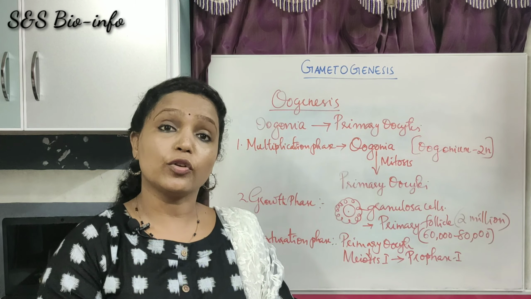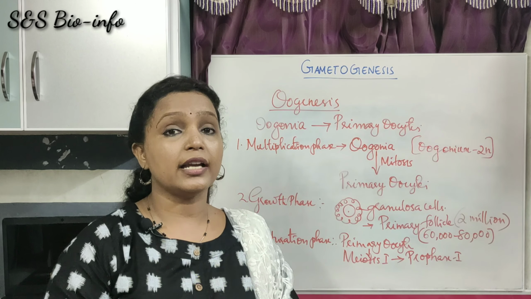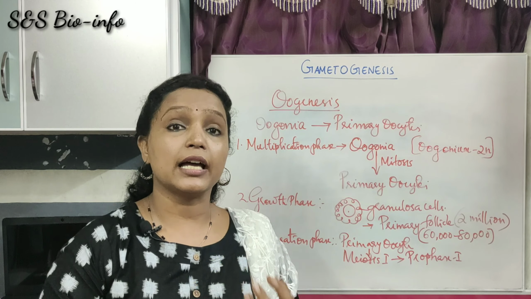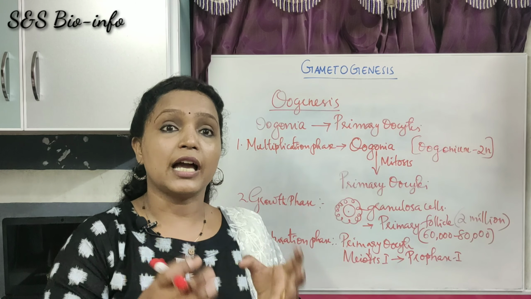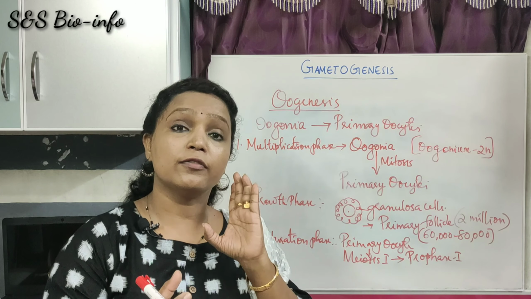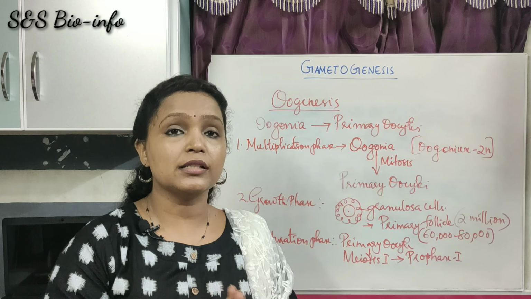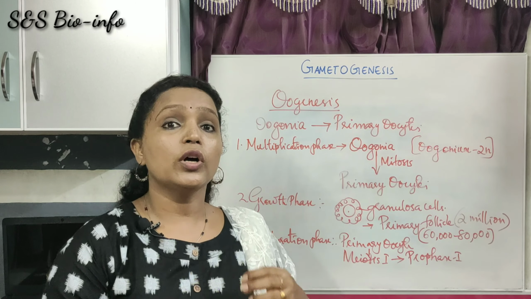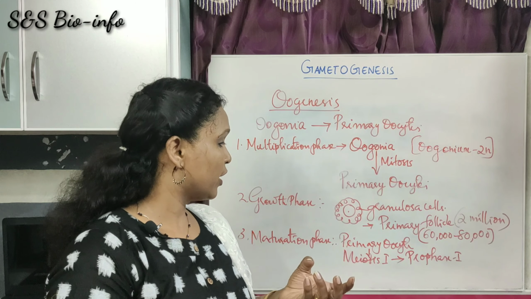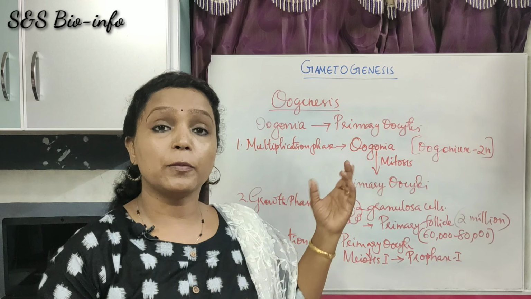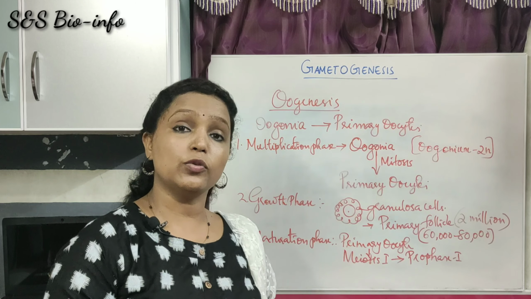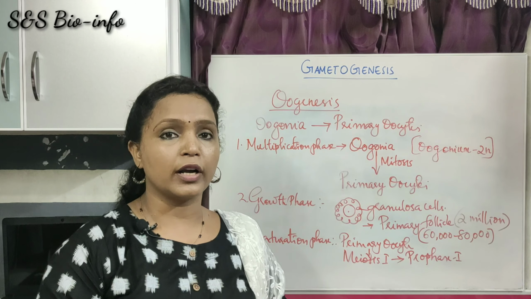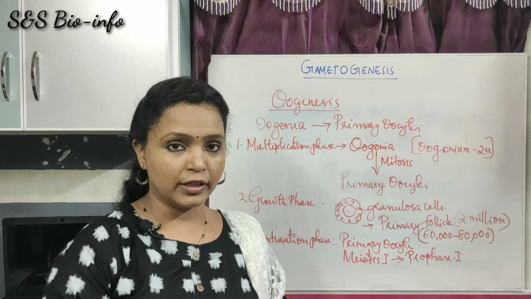The complete maturation of primary oocytes happens only when the child attains puberty, that is, when the first menstrual cycle begins in the female child. What happens? The first ovulation. It is because of the maturation of the secondary oocyte. The primary oocyte develops into a secondary oocyte, and that secondary oocyte is released from the ovary by a process called ovulation.